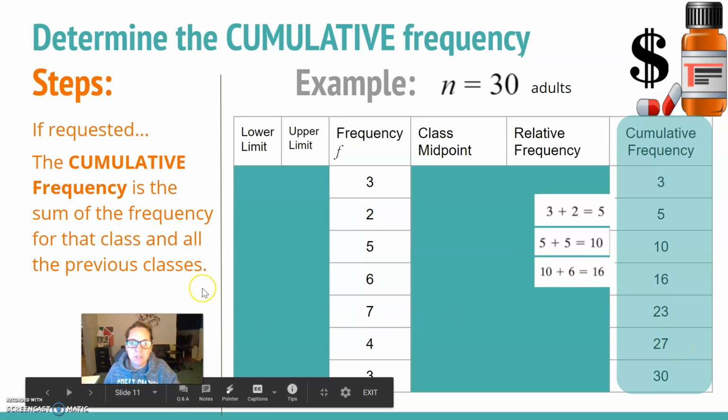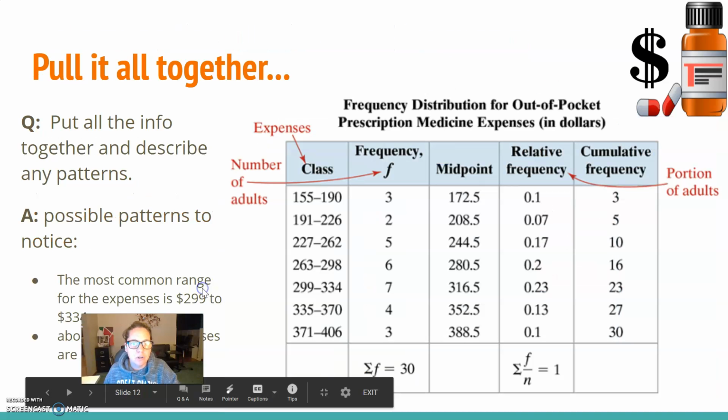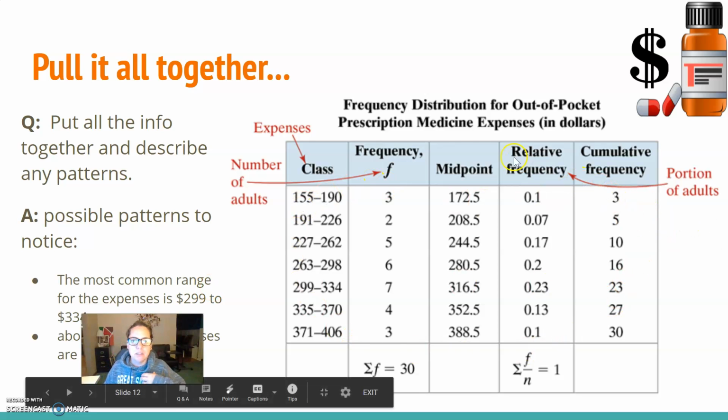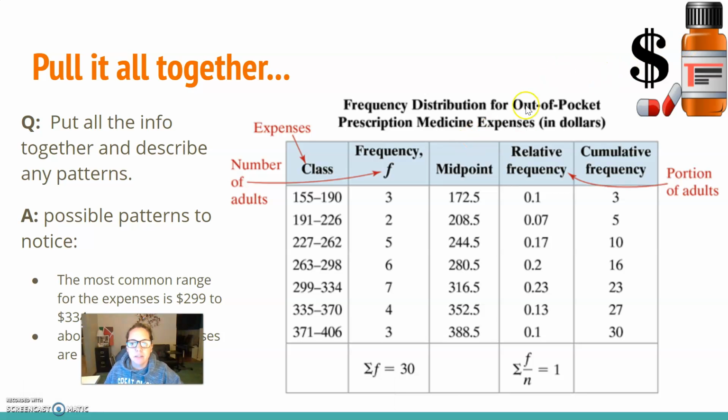Now, we just did a whole bunch of different pieces, and then you start putting it all together and answering questions about it. So here's the whole table. This is the expanded frequency distribution chart from that example that we've been talking about with expenses that people had on prescription drugs above their insurance.